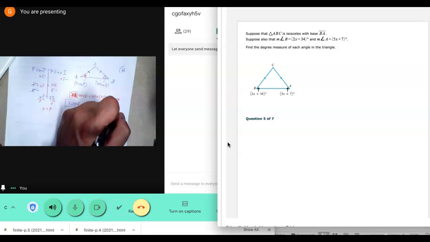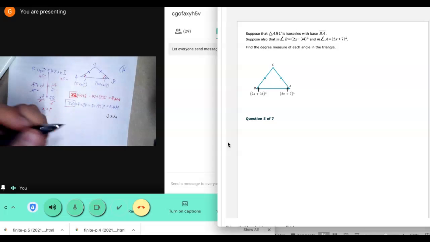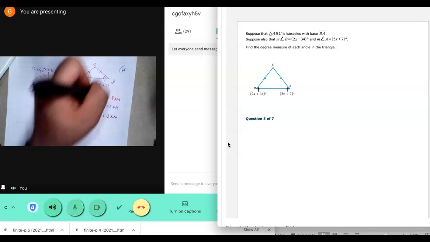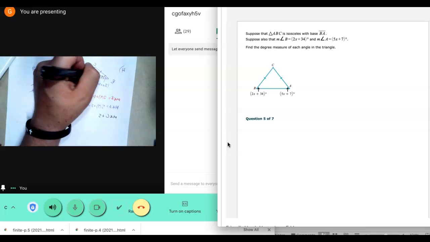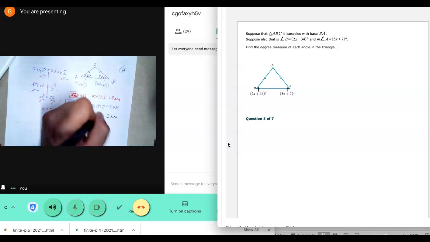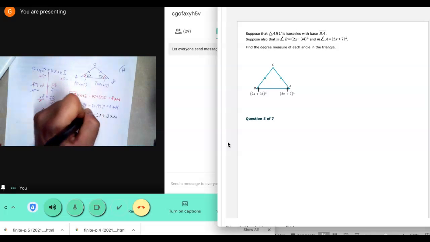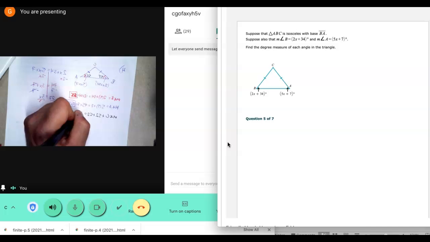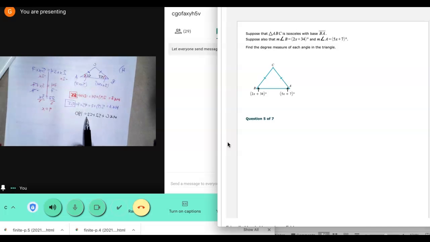My last step here is it says find the measure of each angle in the triangle, meaning also angle C, so remember 3 angles in a triangle add up to 180. So the measure of angle C plus 52, and A is also 52, equals 180, and 52 plus 52 is 104.